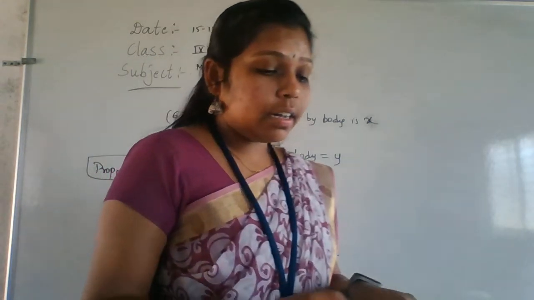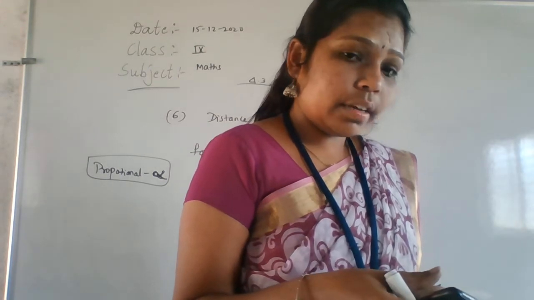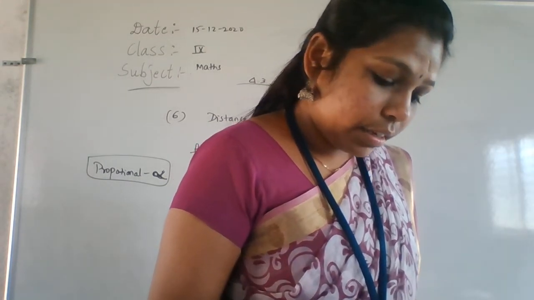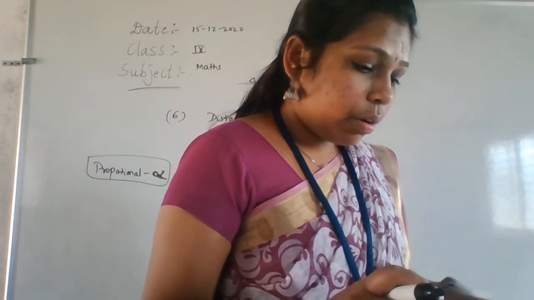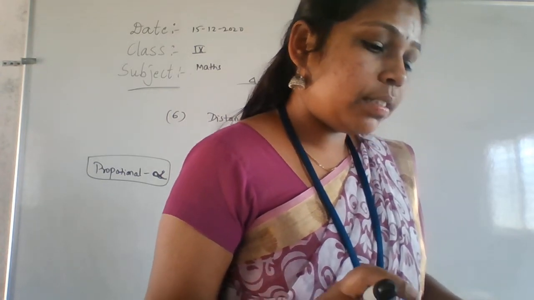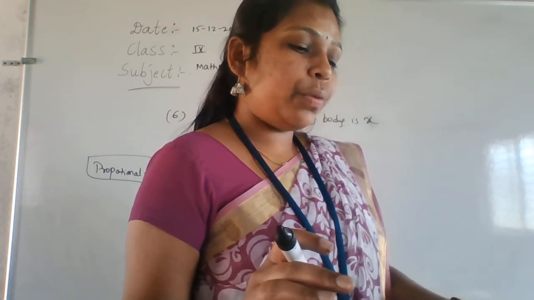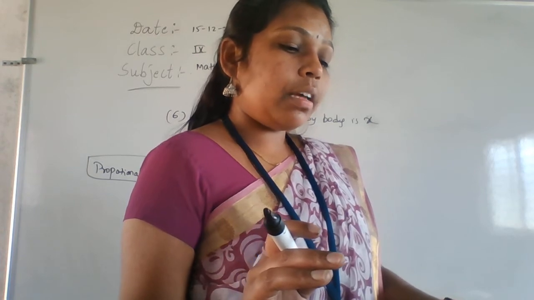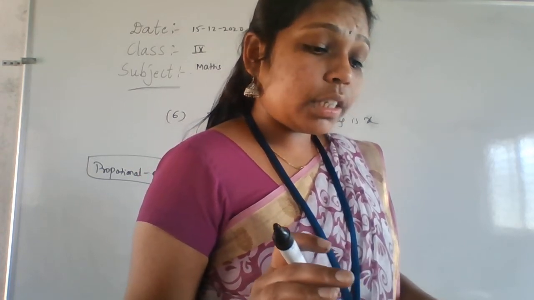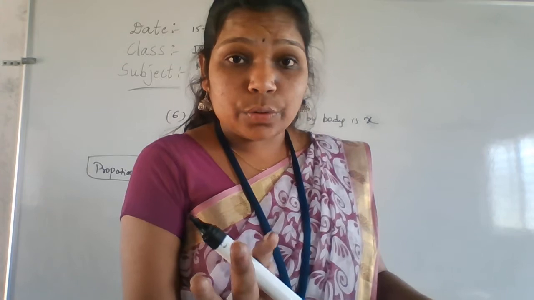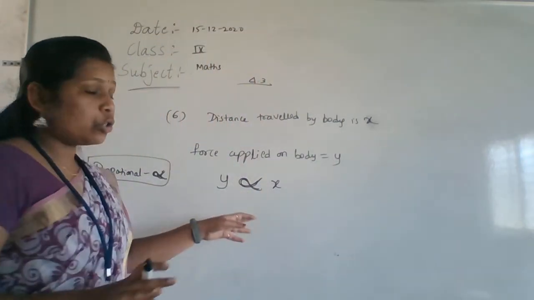After that, they have given here to express this in the form of a linear equation in two variables and draw the graph for the same by taking a constant force as 5 units. This is a proportional.